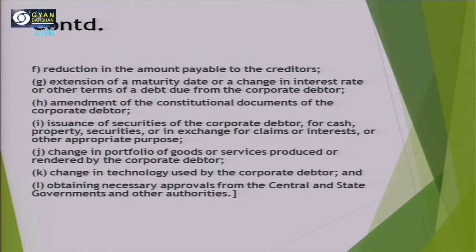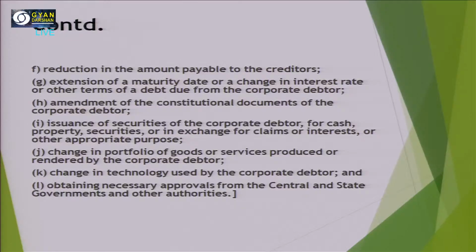There may be higher investments in the fixed assets. There may be lower funds left for working capital. Therefore, to take the corporate debtor out of such a situation, generally the debt instruments, the earlier contracts, the earlier assets, and the technological issues are corrected by way of a resolution plan.